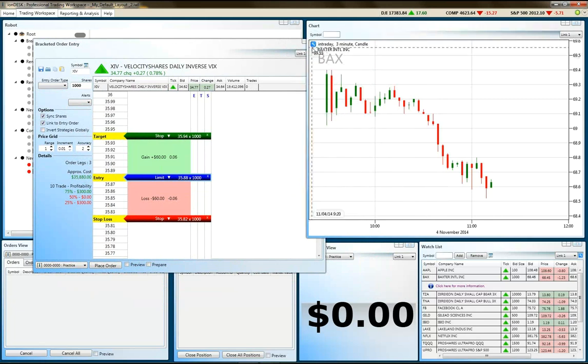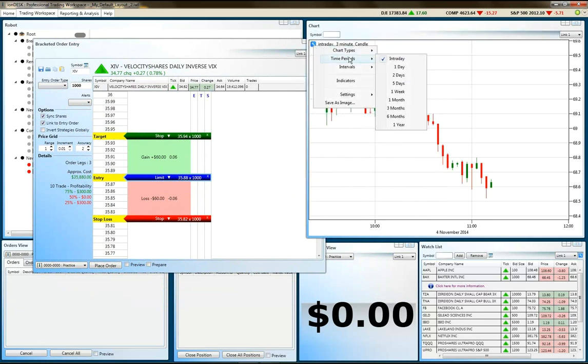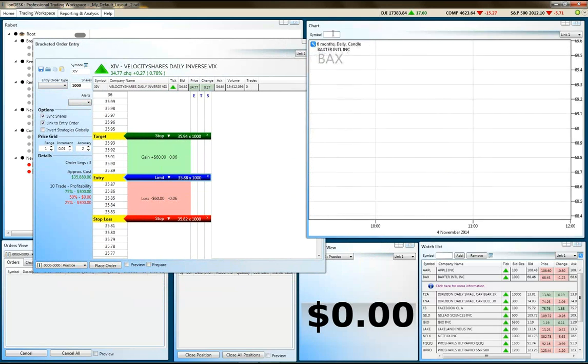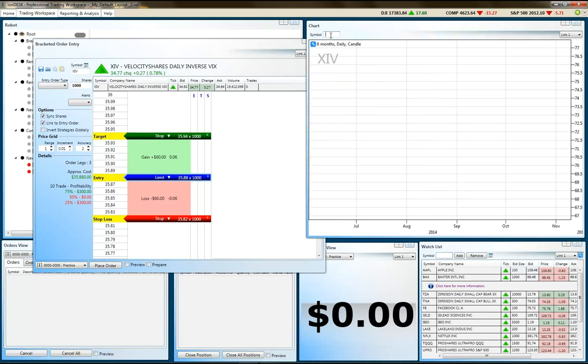Okay. And we can look at it here. I'm going to put a 6-month chart in here, and we'll look at some things. XIV, daily. Looks like it's a possibility that... Let's see.